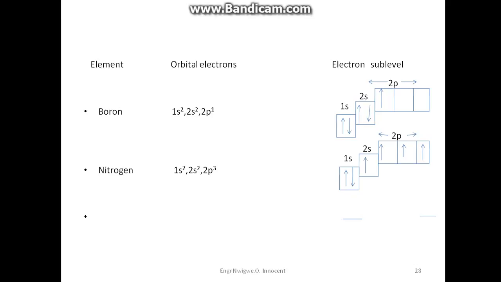Then for fluorine, the orbital electrons are 1s2, 2s2, 2p5. The arrow pointing upwards is filled first for 1s, 2s, 2p.